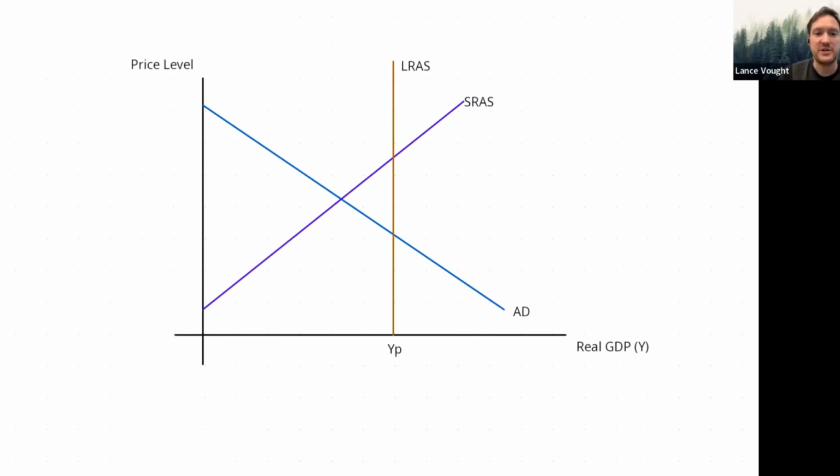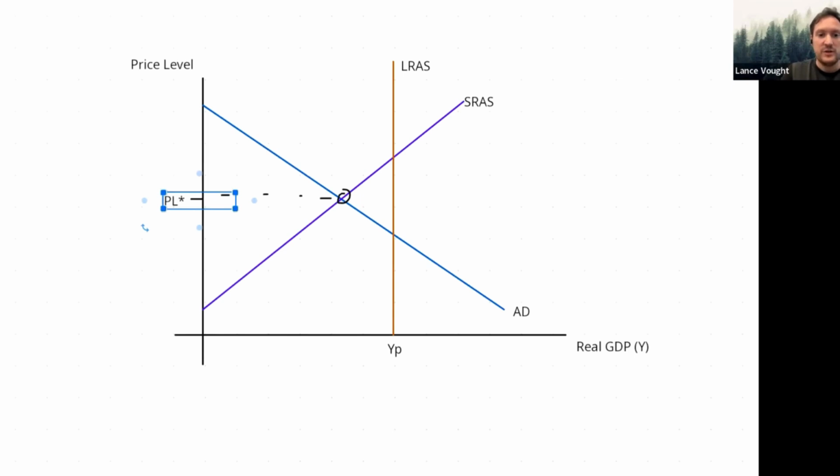And then the intersection of short run aggregate supply and aggregate demand is going to be our actual level of output in the economy. PL star tells us how high prices are in the economy relative to the base year. So how much inflation do we have year to year, or compared to the base year?